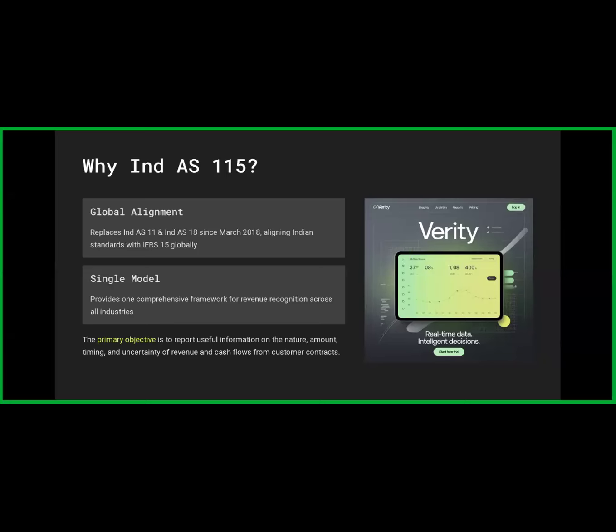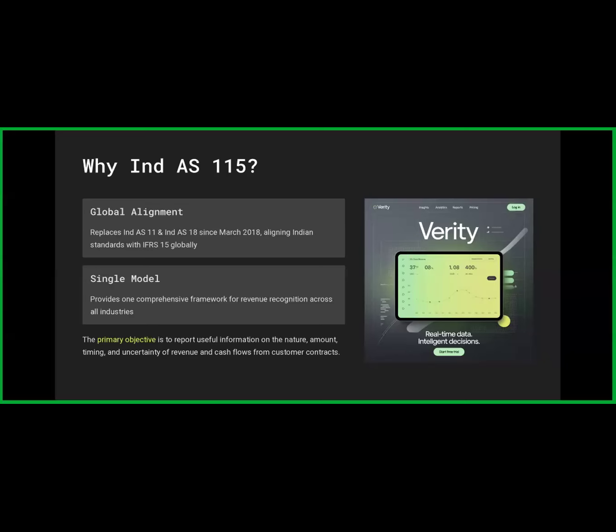This Ind AS actually aligns with IFRS 15 globally. IFRS is the standard used on the international level, that is International Financial Reporting Standard 15, which provides the guideline on the international level to put the entries of revenue into the different financial statements.